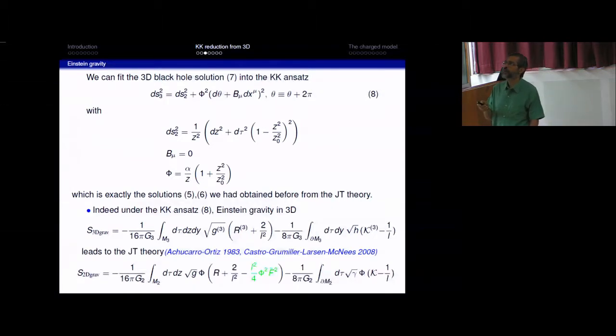And y is related to theta by y equals alpha times theta, where the proper radius of y was 2 pi alpha.